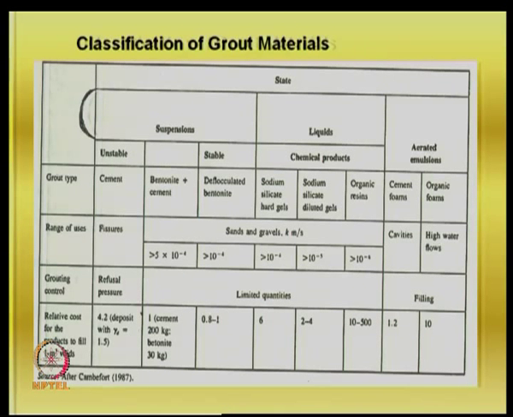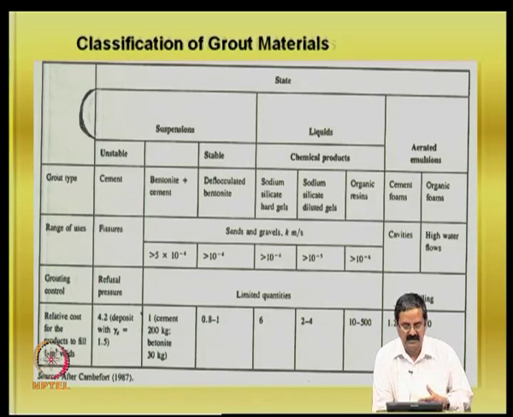For example, you add this much cement and this much bentonite or this much chemical product and all that. One should do a lot of analysis and laboratory testing, and then go for some sort of criteria, otherwise it becomes very difficult. So, one can do some sort of experiments.